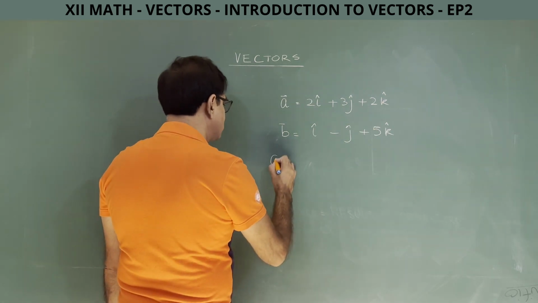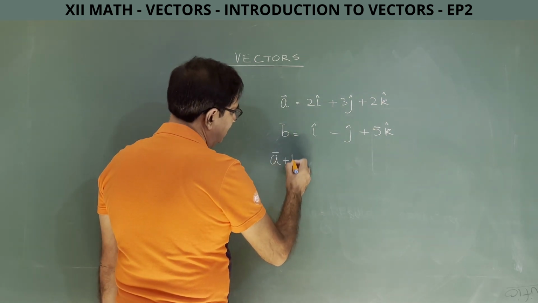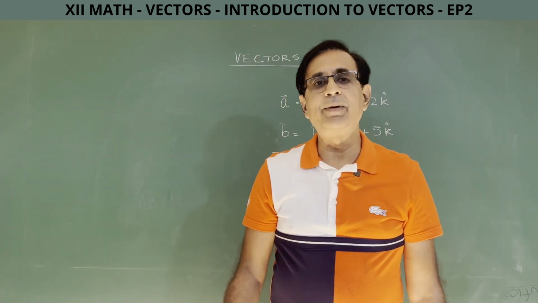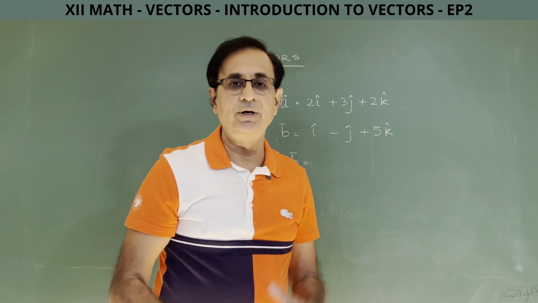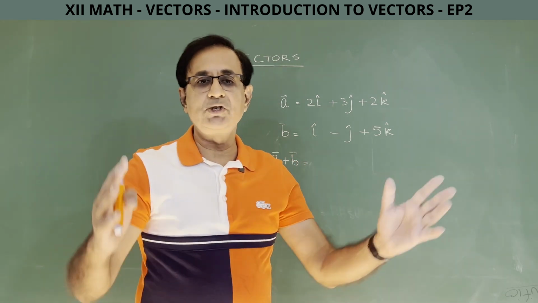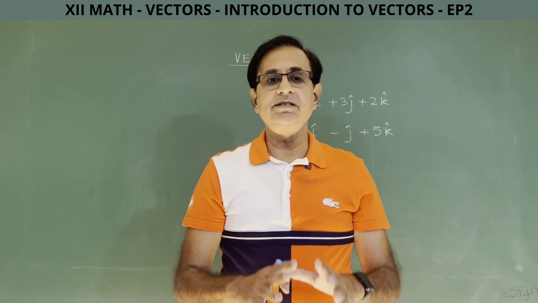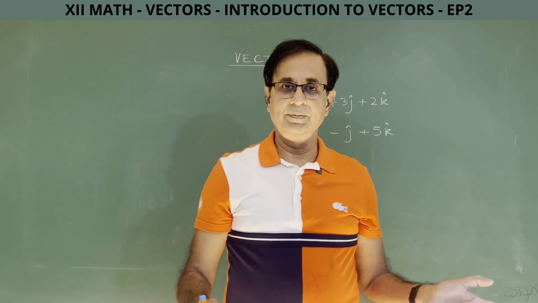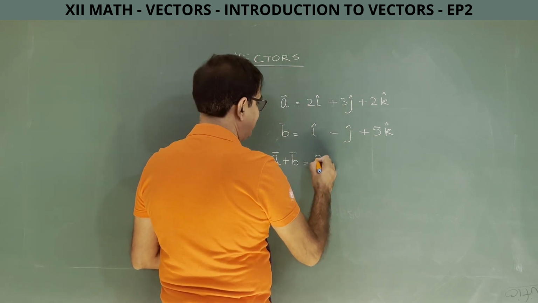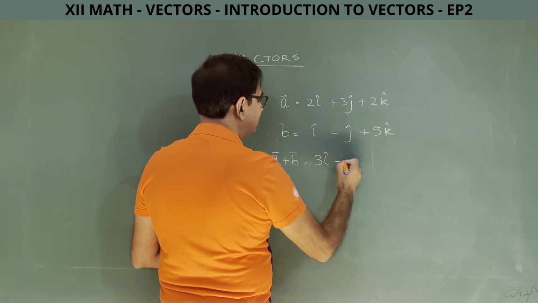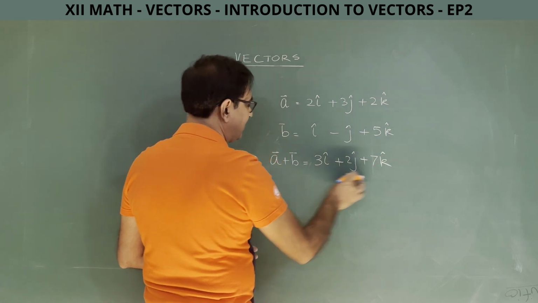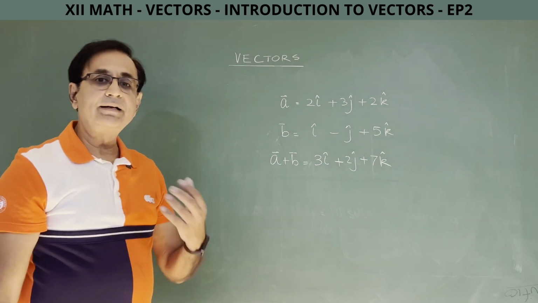Now if I ask you to add two vectors, you don't need any diagram, you don't need triangle law of addition, you don't need parallelogram law of addition. I am sure if you were sitting here in the class physically with me, every child by instinct would have given me the right answer. So you are going to say, a plus b is 3i cap plus 2j cap plus 7k cap. It is that simple.